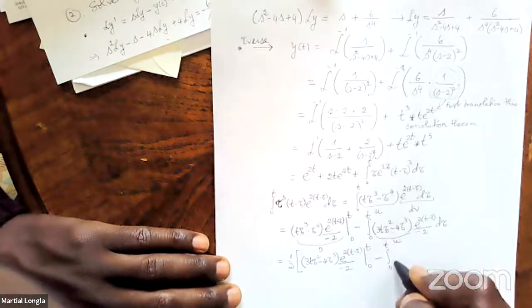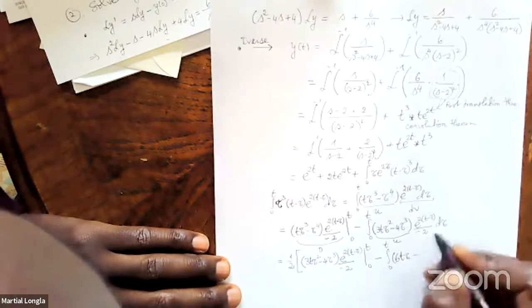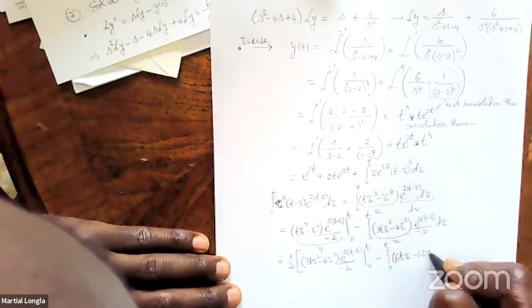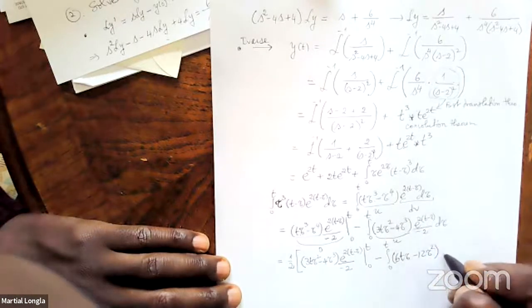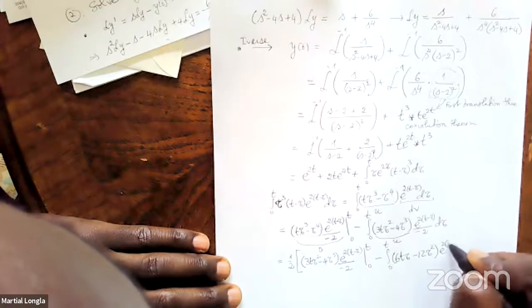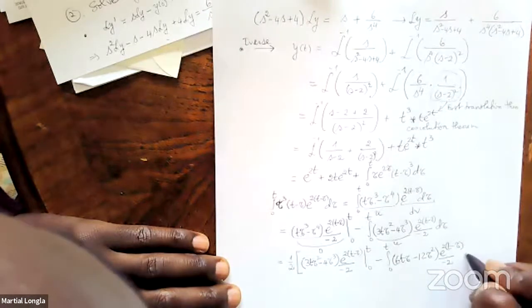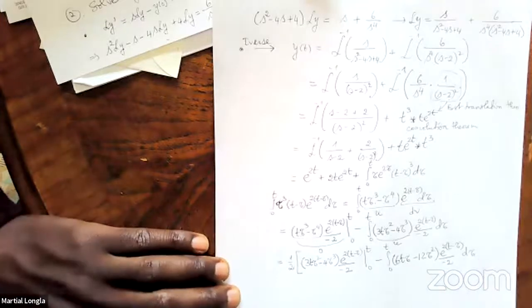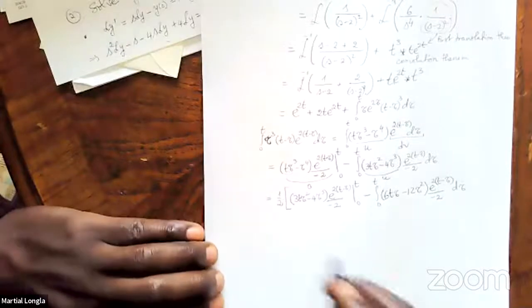Derivative of this is going to be 6t tau minus 12 tau squared times e to the 2 (t minus tau) over minus 2 d tau. Again, we plug in the numbers.